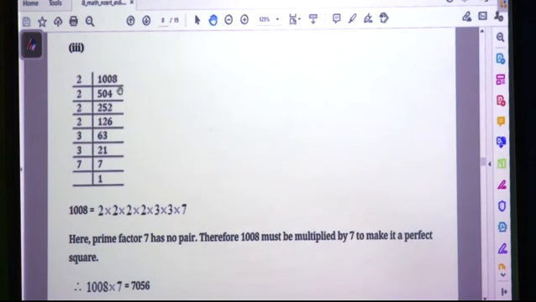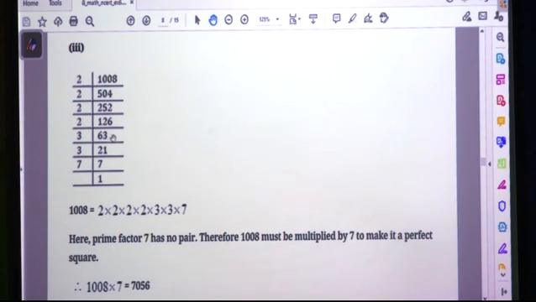1008. 2 5s are 10, 0 as it is, 2 4s are 8. Next step, 2 2s are 4, 1 carried further, 2 5s are 10, 2 2s are 4, 2 1s are 2, 2 2s are 4, 1 is carried, 2 6s are 12, 2 6s are 12, 2 3s are 6.